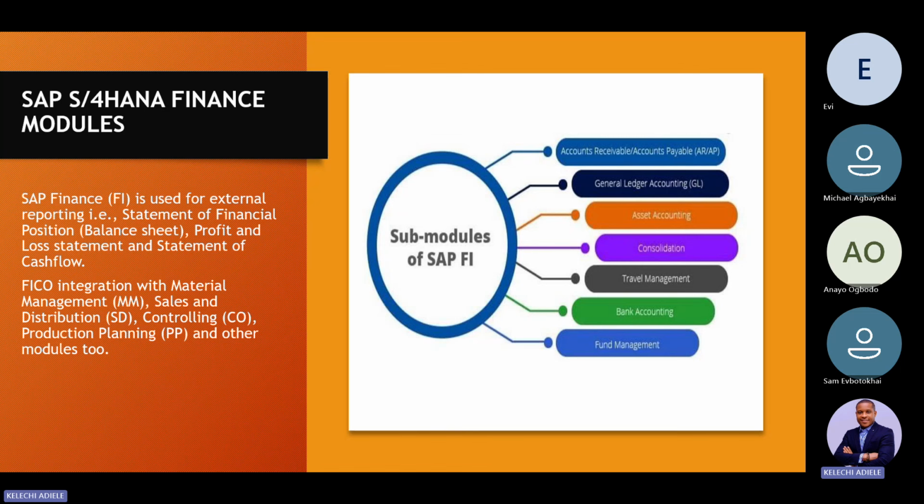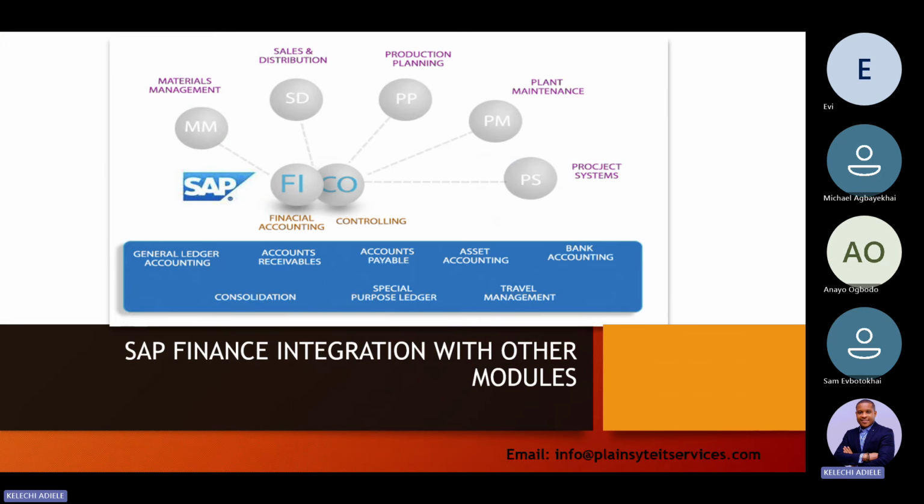You're going to see accounts receivable and accounts payable, general ledger accounting, asset accounting, banking. These are some modules that are sub-modules of finance. Although we're not doing everything, we cannot do everything. For each of these modules, you have consultants or super users that man them. But we are going to be looking at the core modules we have in finance.